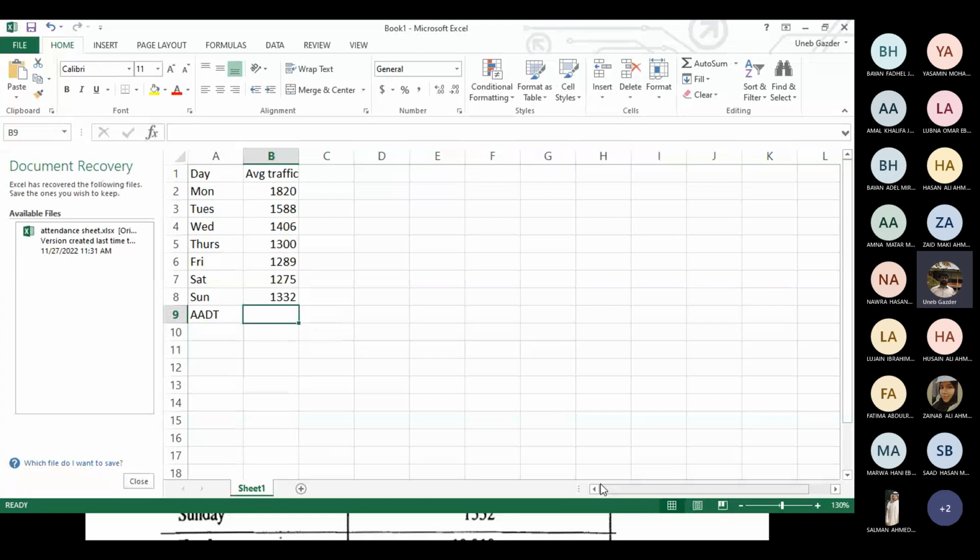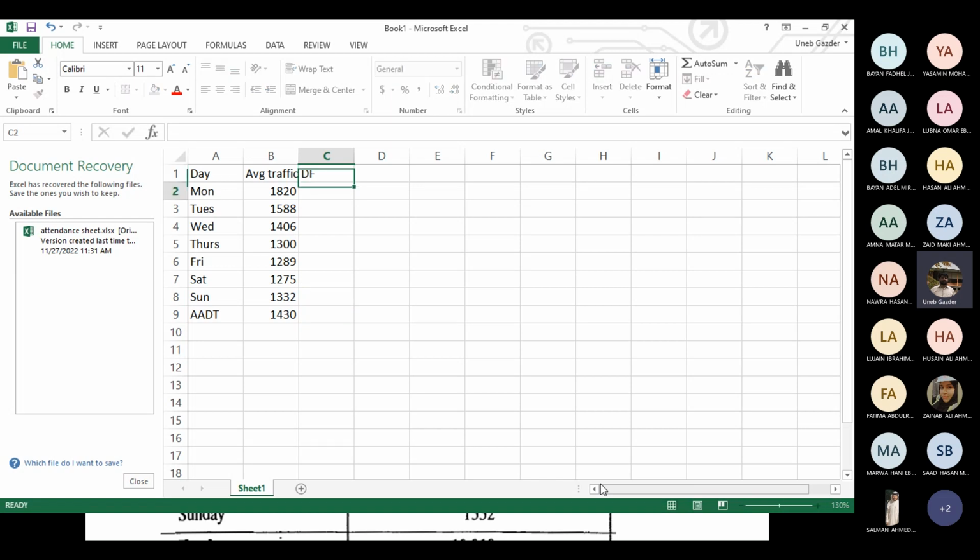Give me the average of these values now. 1430. Okay, thank you. So now we will calculate the adjustment factors for each day.